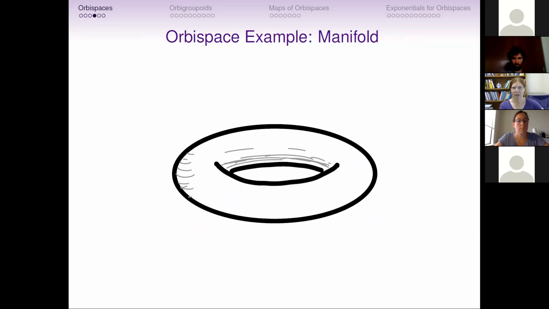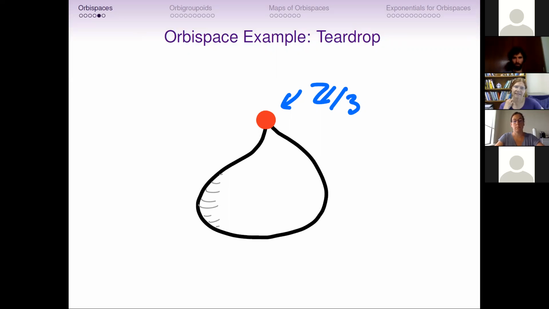Okay. Now, of course, you don't have to have any isotropy structure. You could take any old manifold and consider it as an Orbispace and just say, oh, well, it didn't have any isotropy. So that's a big class of examples. Here's an example that's similar to the cone, but now instead of just doing the cone, we've actually capped it off. So this is a sphere. It's a 2-dimensional structure. It's kind of supposed to be hollow.